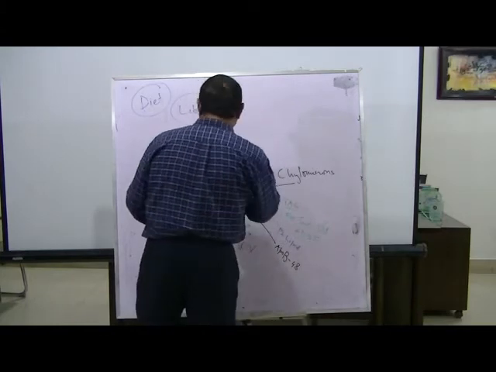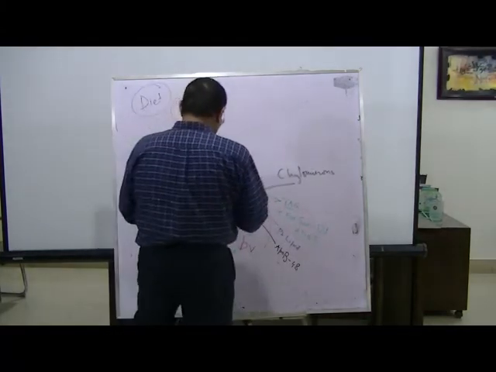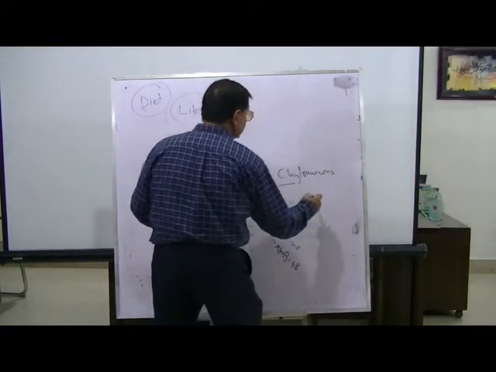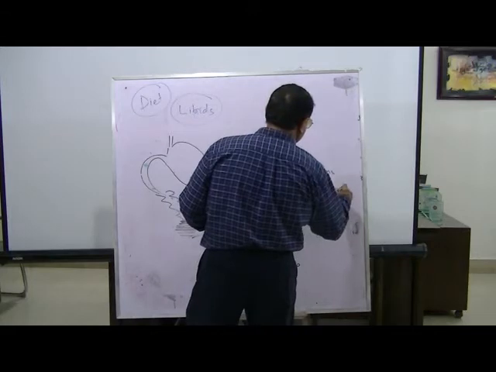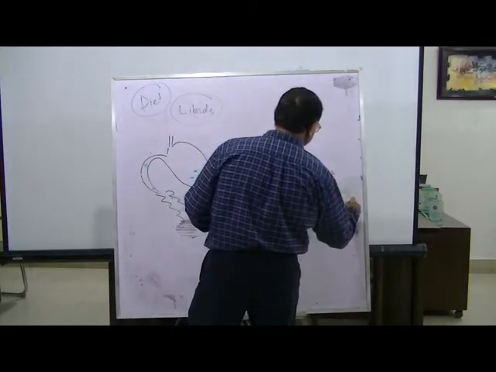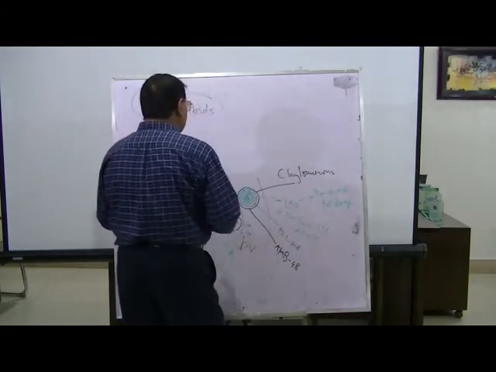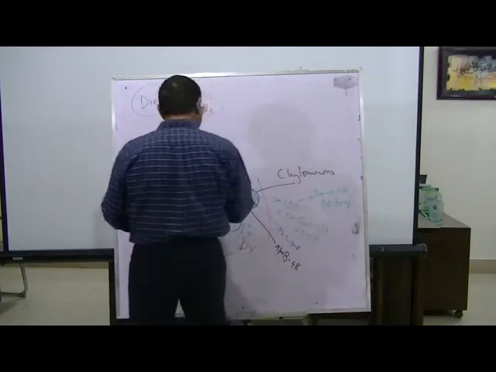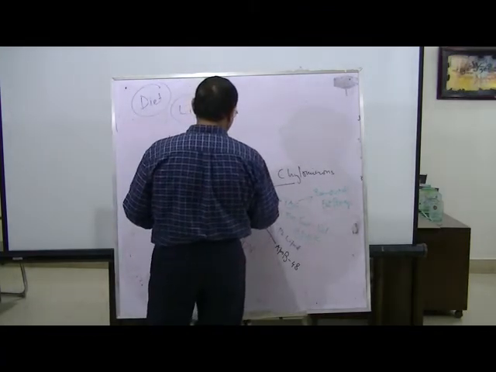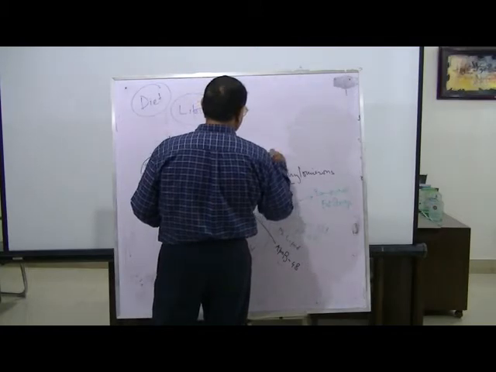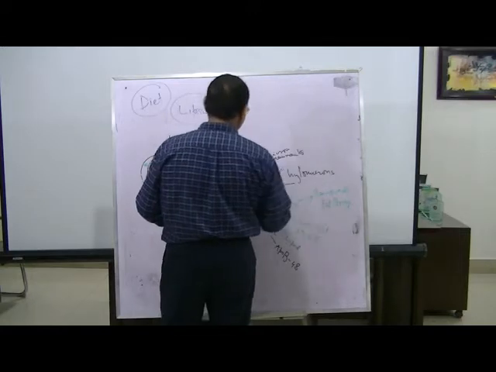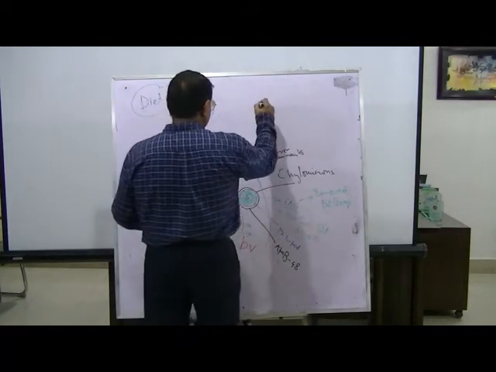The triacylglycerol is removed and taken to fat storage, while the chylomicron remnants go to the liver.